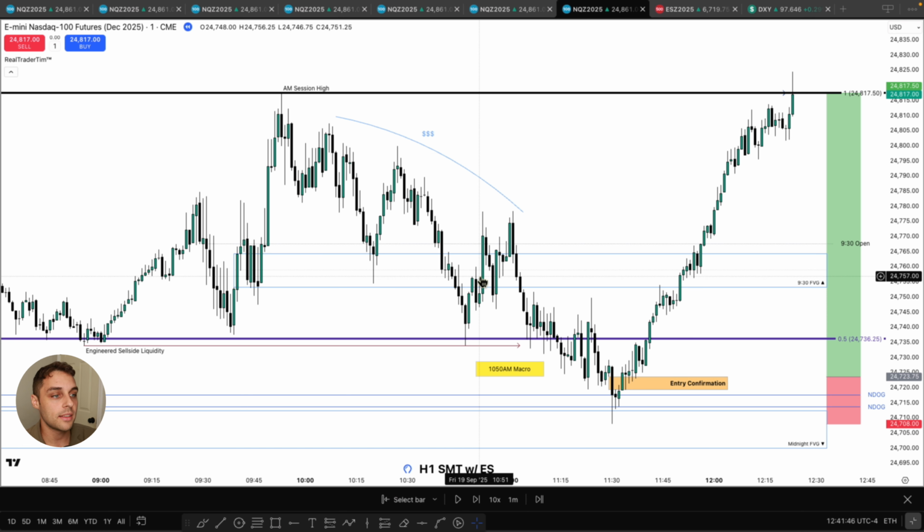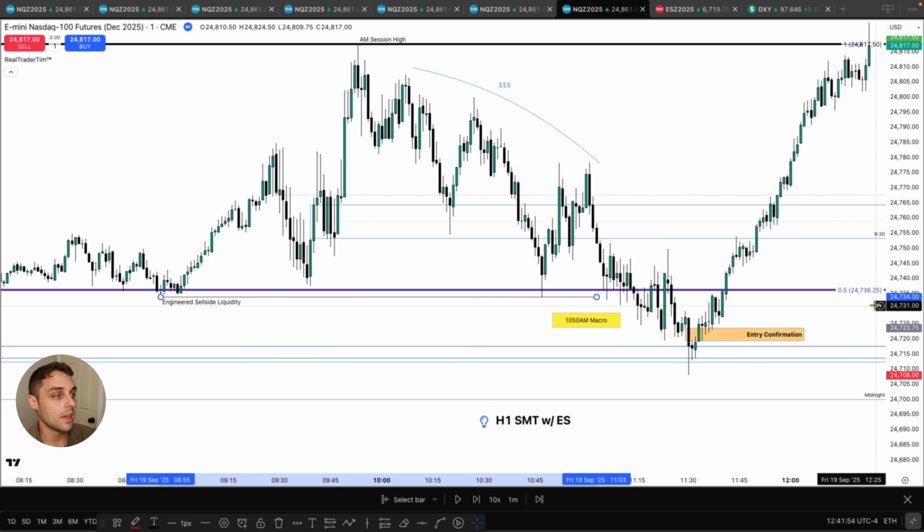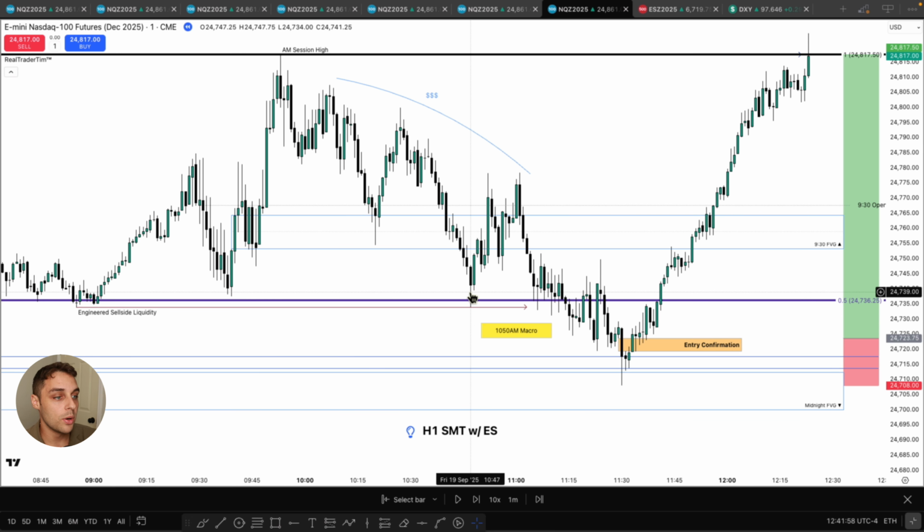But why is this a bad setup? We leave those equal lows to the tick. This low formed around 855 on the right side there, 24,734 even. This low posted right at 1047, ahead of the macro window, is that same level, 24,734 even.